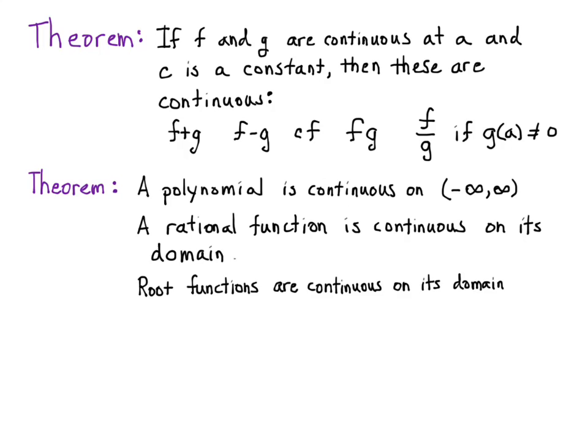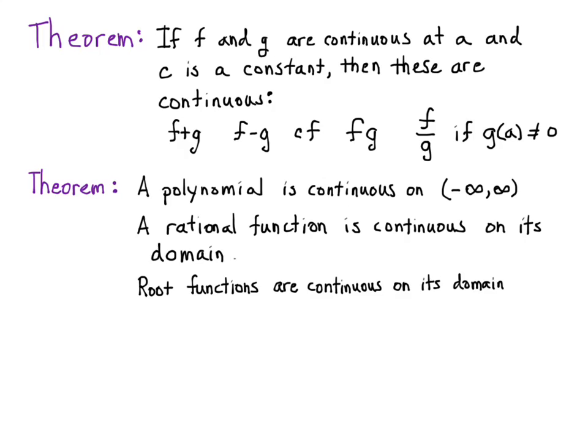From here on, if we're talking about theorems and we need to know whether a function is continuous, all you have to say is that a polynomial is continuous. We have just asserted, and I haven't proven, but there are proofs, that polynomials are continuous.